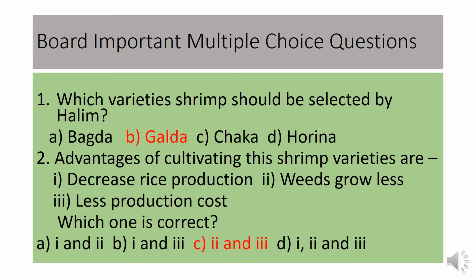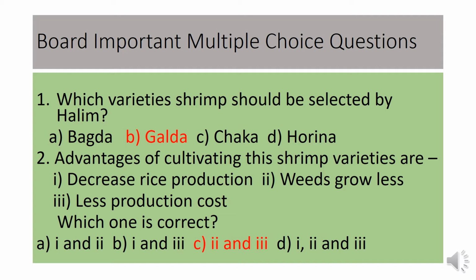Here the options for number 1 are Bagda, Golda, Chaka, Horina, and Golda will be the right answer, because Golda is the most suitable shrimp which can be cultivated in a rice field. The second question is about the advantages of cultivating these shrimp varieties. When shrimp is cultivated in a rice field, that is integrated farming, rice production must not decrease.